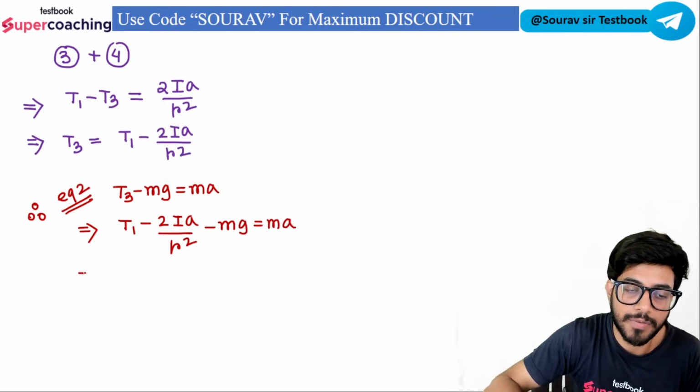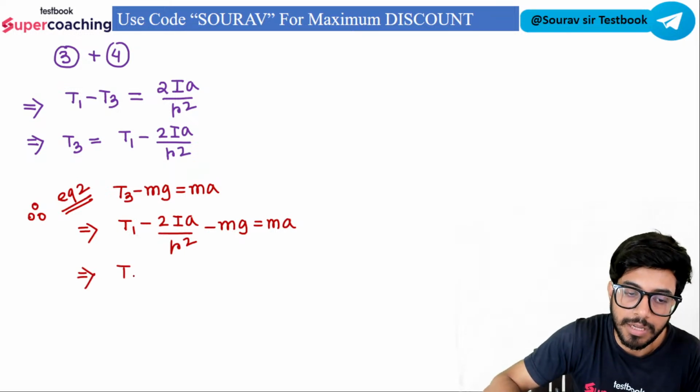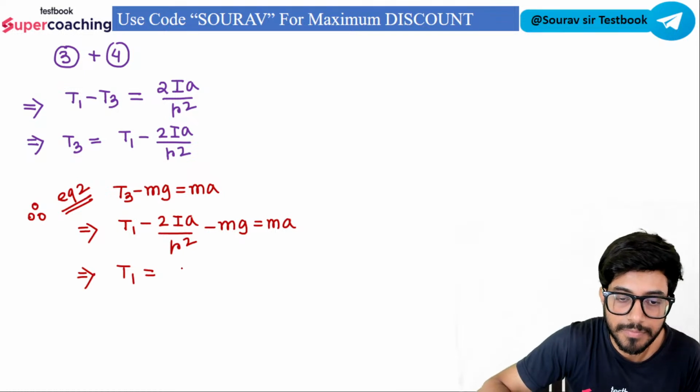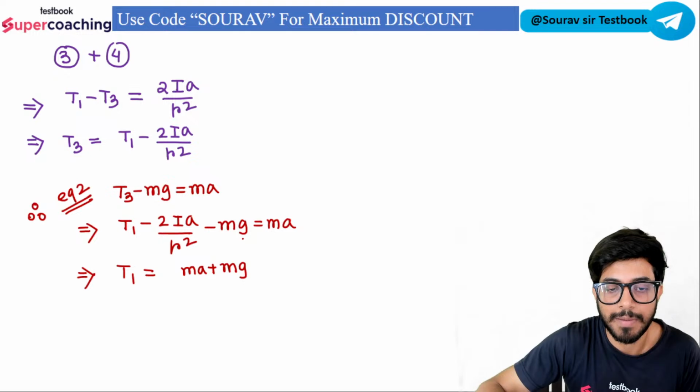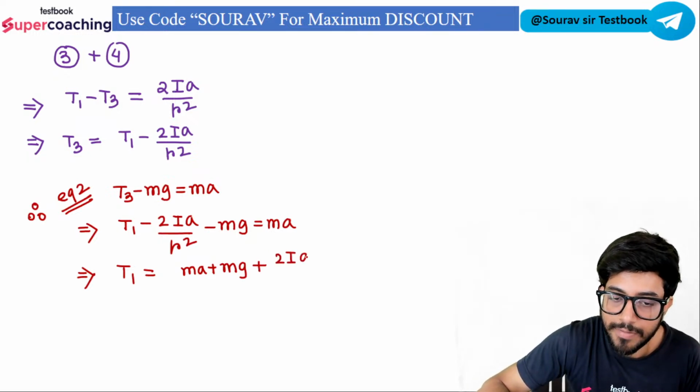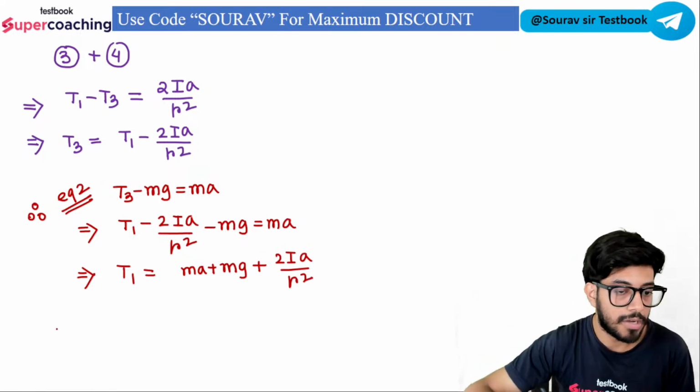From here you find out the value of T1. T1 equals to what then? ma plus mg plus 2IA divided by r square. That's your T1. You found out T1.